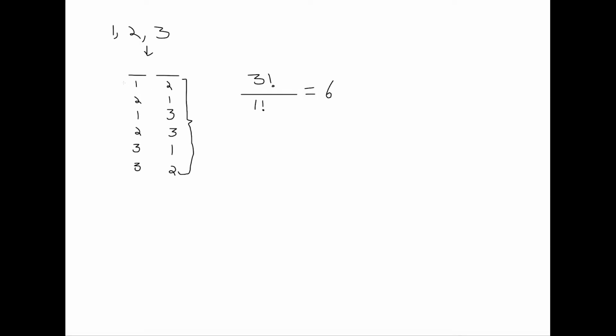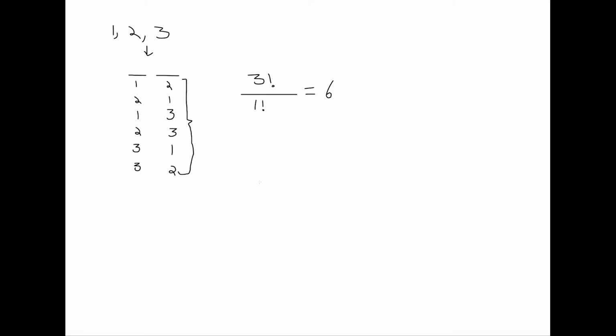So for example, these 2 permutations, 1 and 2 and 2 and 1, they're considered different permutations because they're in different orders. But they are both the same combination. So 1 and 2 and 2 and 1 would be considered one combination because they include the same numbers.